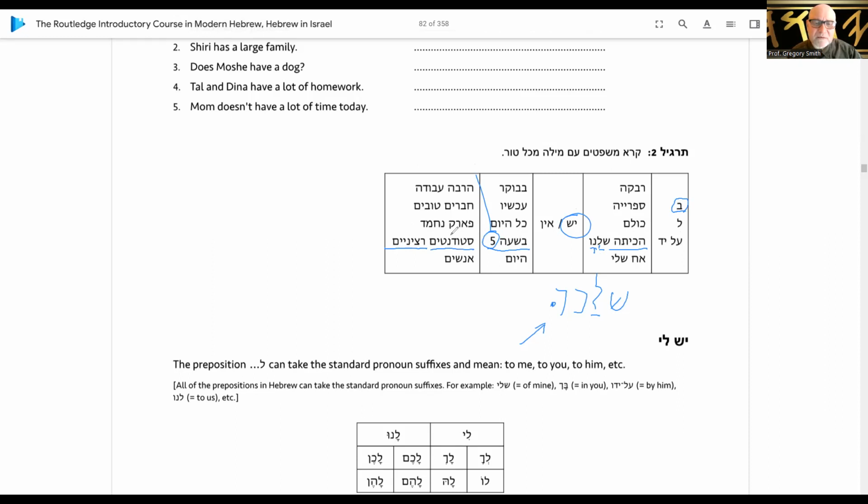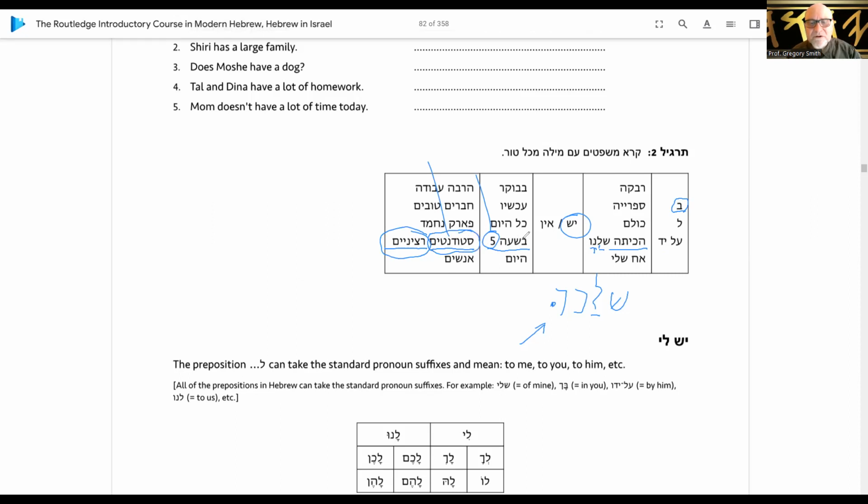Okay, so this would be like students. סטודנטים רציניים. Retzinim, that's hard to say. So these are serious, not just any students, but serious students.